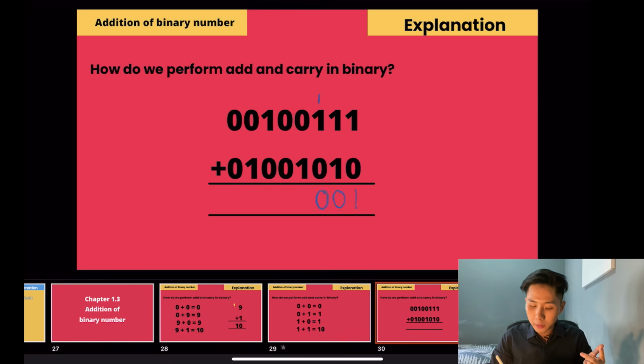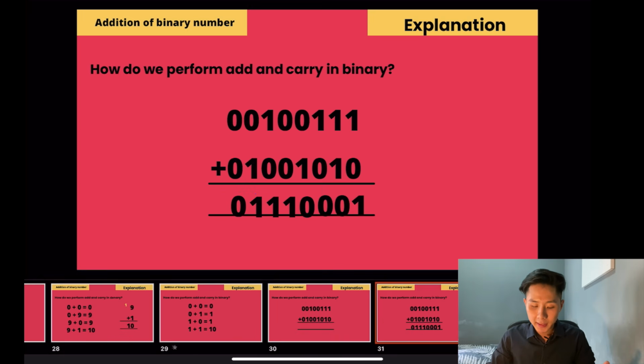So again, 0 with a carry of 1. 1 plus 1, 0 with a carry of 1. 1 plus 0 plus 0, we get a value of 1 with no carry. Then 1 plus 0 is 1, 0 plus 1 is 1. So that's how we add 2 binary numbers together.